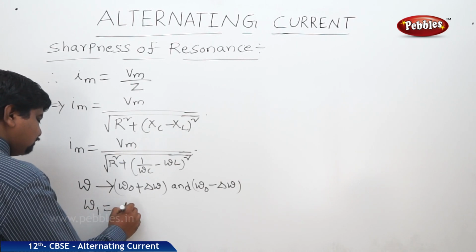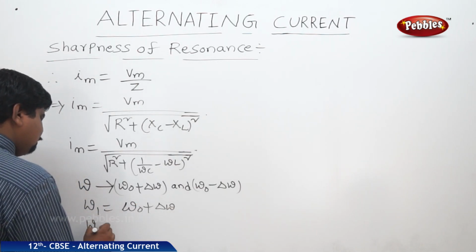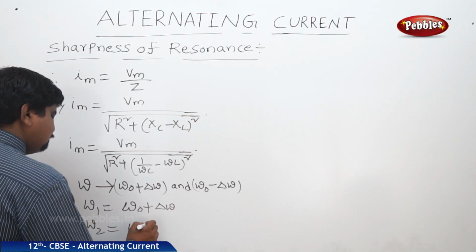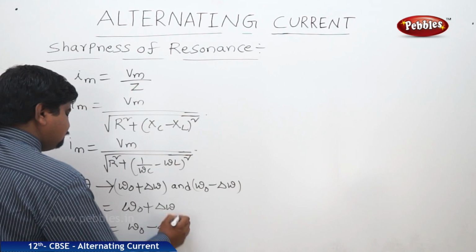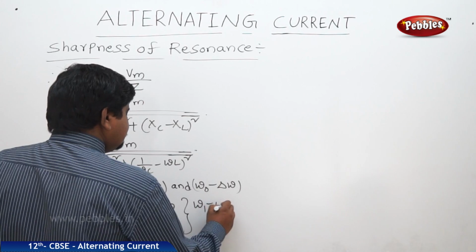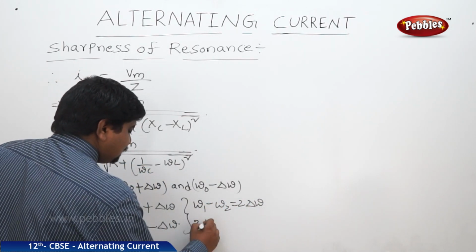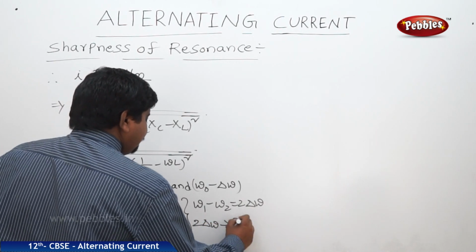Omega 1 is equal to omega naught plus delta W, and omega 2 is equal to omega naught minus delta W. The difference omega 1 minus omega 2 is 2 delta omega. What is this 2 delta omega? Bandwidth.